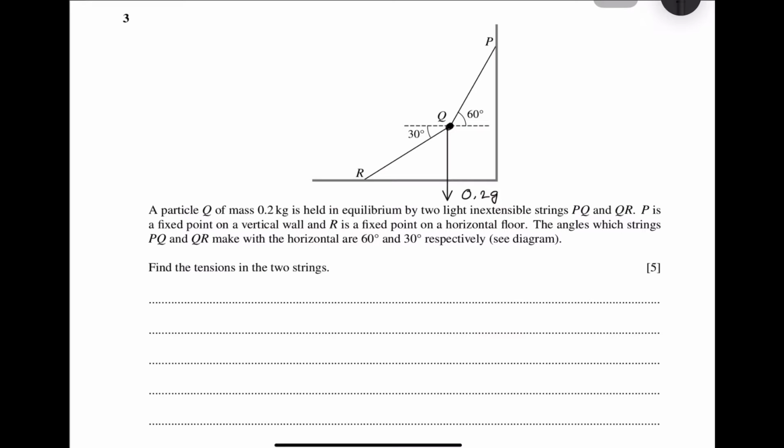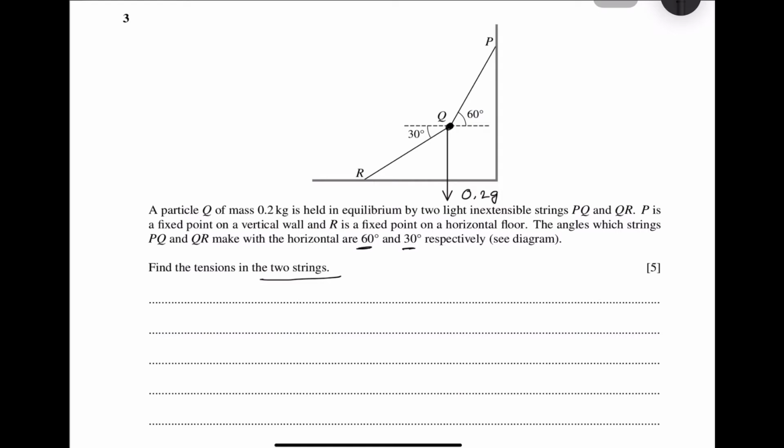P is a fixed point on a vertical wall and R is fixed on the horizontal floor. The angles which the string PQ makes are 60 degrees and 30 degrees. So we need to find the tensions in the two strings.